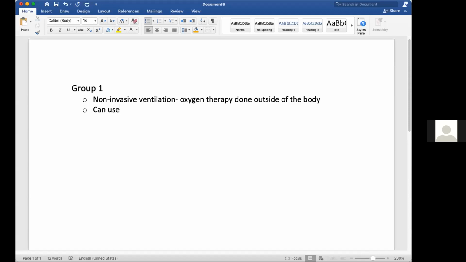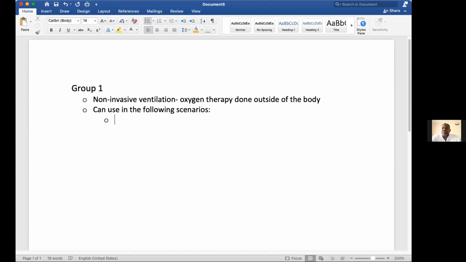Then on the contraindications, we looked at the absolute and the relative. One example of an absolute contraindication is cardiac arrest. You can't use it in cardiac arrest. Relative contraindication examples were a trauma patient or a mentally disturbed patient.